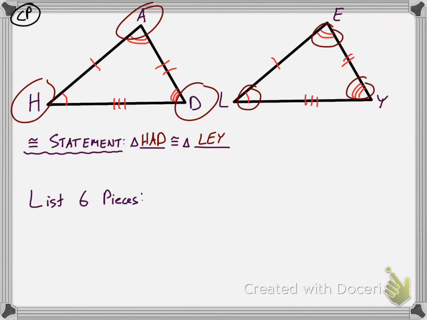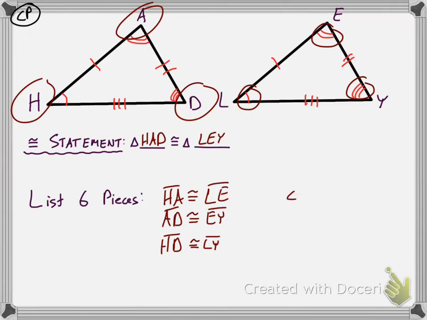And the 6 pieces of information that we know: side HA is congruent to LE. We know that AD is congruent to EY. And we also have HD is congruent to LY. So those are our three sides. We also have the angles.